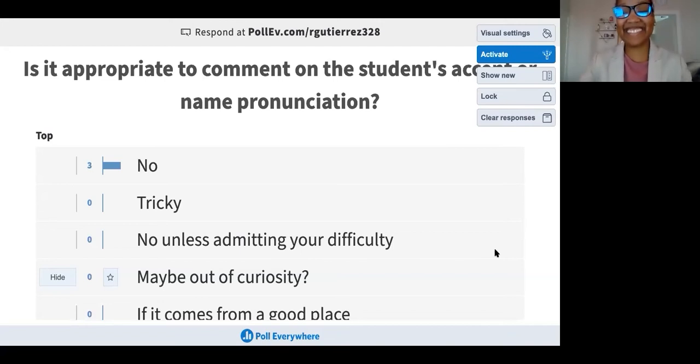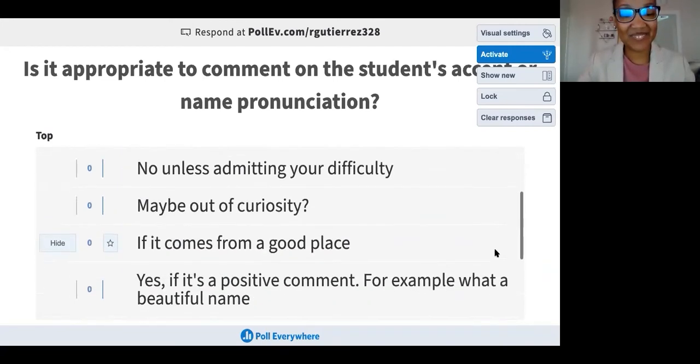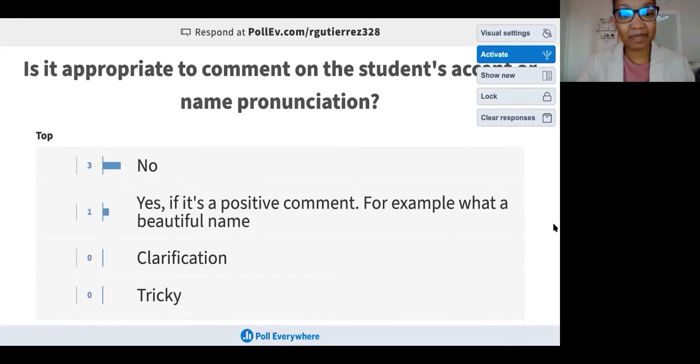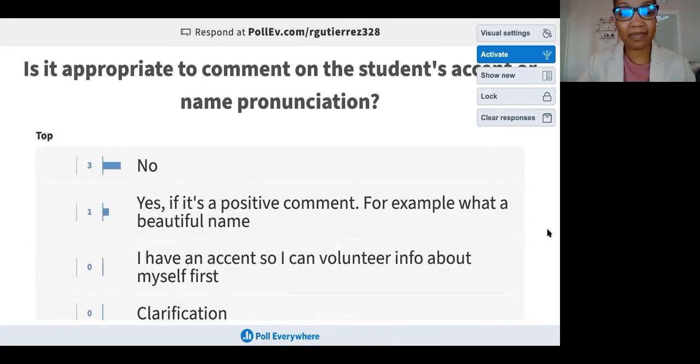Yes, it's tricky. I have an accent, so I volunteer info about myself first. This is great.